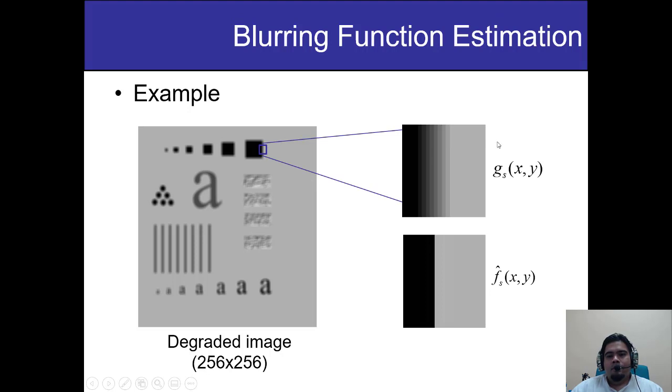The reason we take the edge is that, if you remember in condition 2, the one that affects your image is the blurring function or degradation function. We call it the blurring function because it is the one that causes blur in the image. So the strength of the blurring inside the image can be obviously seen at the edge.